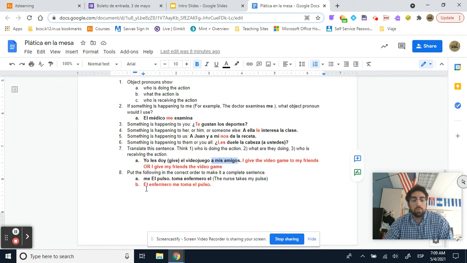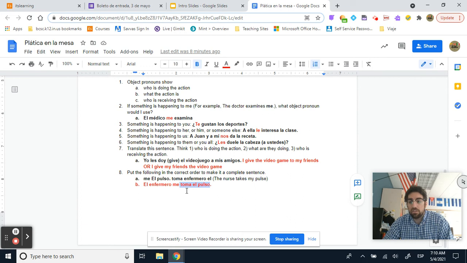All right. So we have our capital, right? El enfermero. He is doing the action. That nurse is doing the action, right? And we want to know what's the action, and that's going to be toma. We know that's going to mean take, as in toma un examen, right? And so who is receiving the action is the next question, right? If we were to say the whole action, we're saying takes the pulse, right?